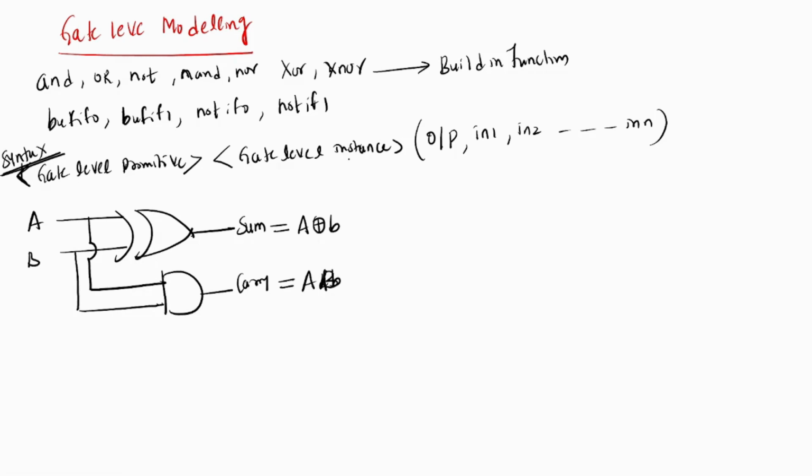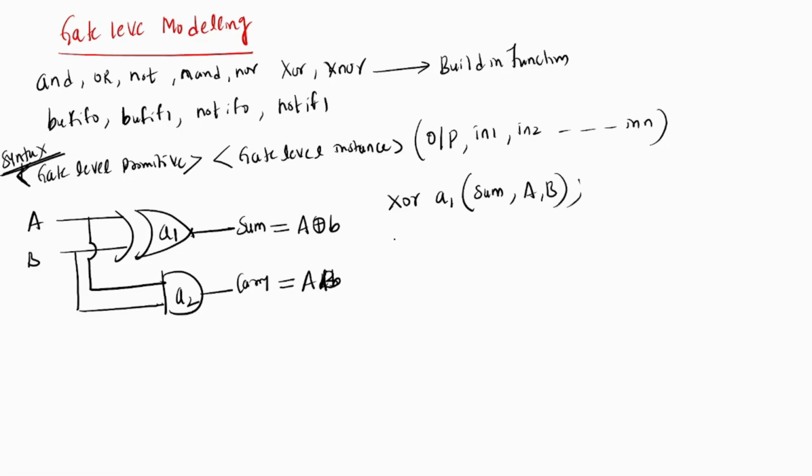How do you write this in gate level modeling? For sum, the gate level primitive is XOR. Let us take the instance name A1, followed by the output sum, comma A, comma B. Like this you can write.